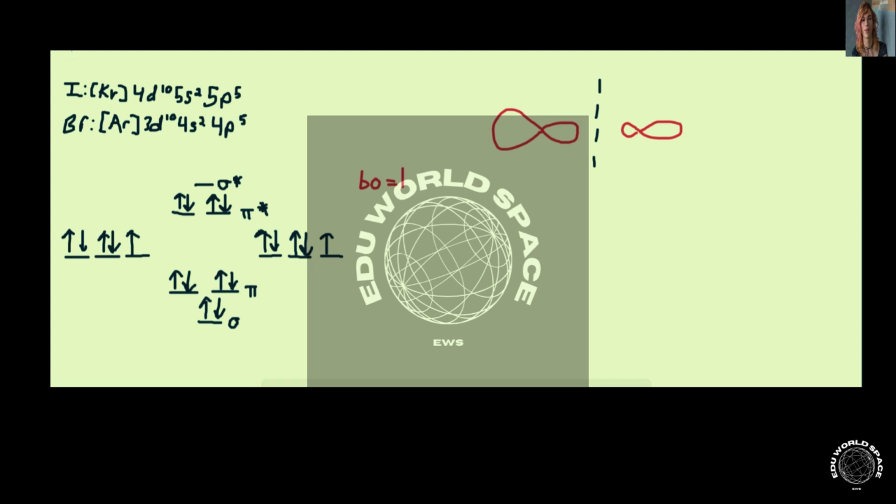So for part E: for the IBr molecule, how many electrons occupy the molecular orbital sketched below?